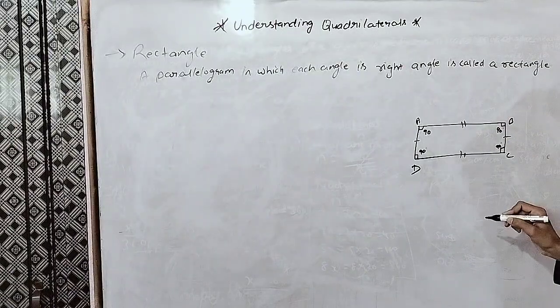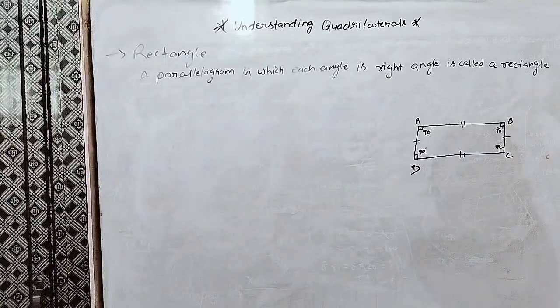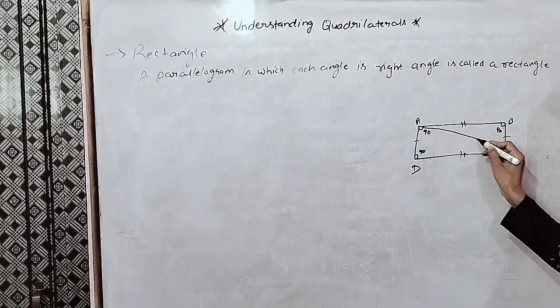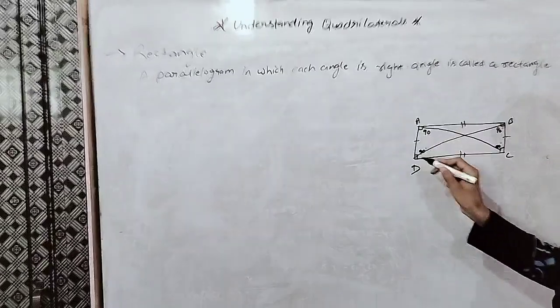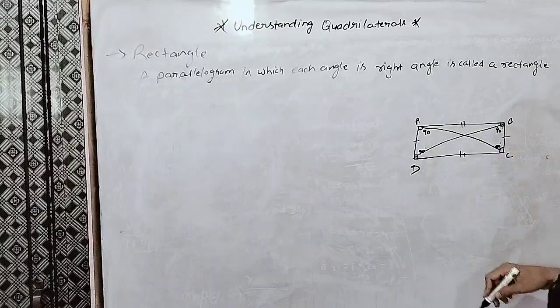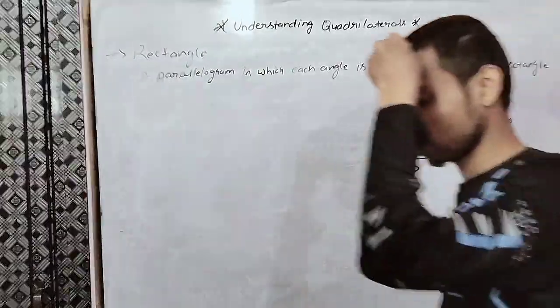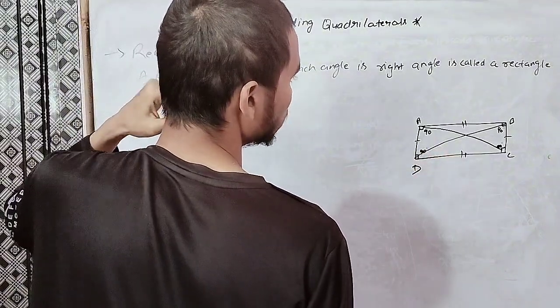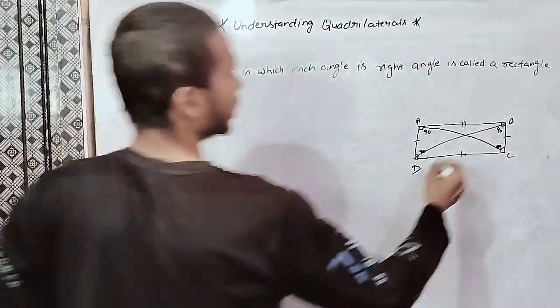So each angle is 90 degrees. We will also see two diagonals, and each diagonal will bisect the other, and the two diagonals intersect each other. Am I right or not?